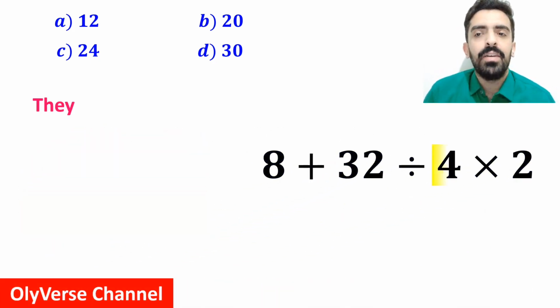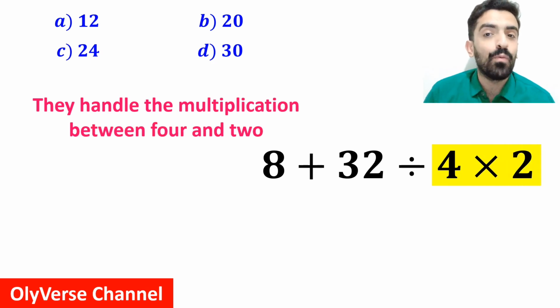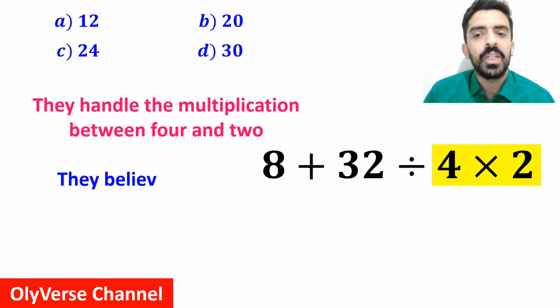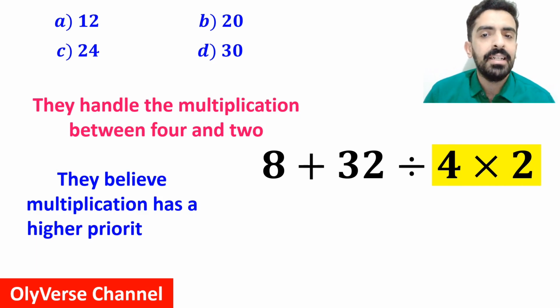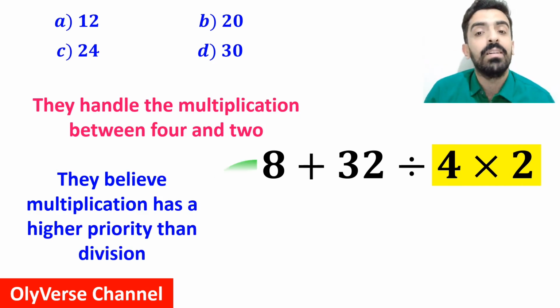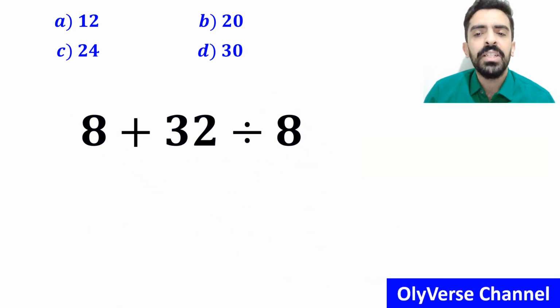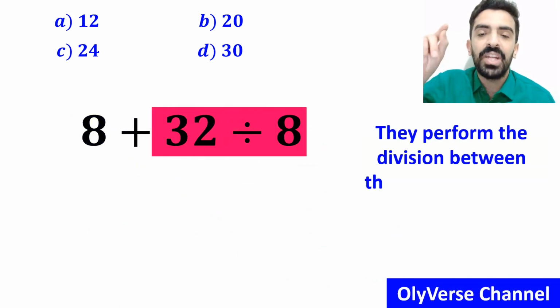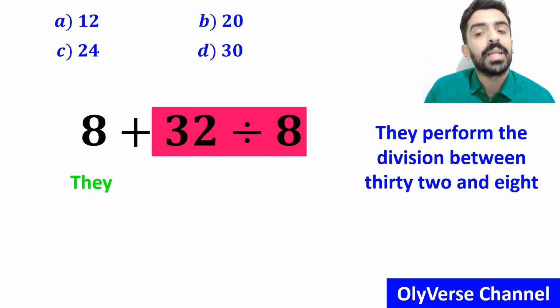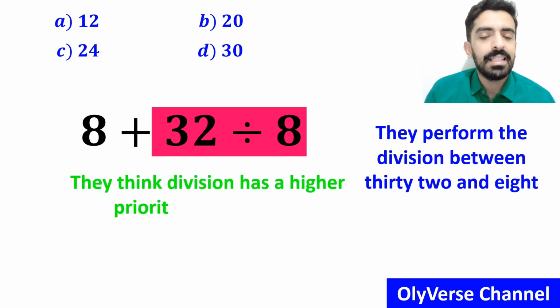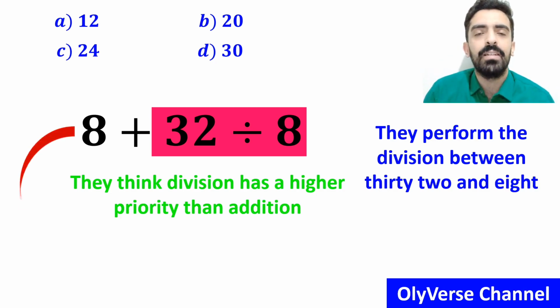In the next step, first they handle the multiplication between 4 and 2 because they believe multiplication has a higher priority than division. So, they rewrite this expression as 8 + 32 ÷ 8. In the final step, they perform the division between 32 and 8 because they think division has a higher priority than addition.